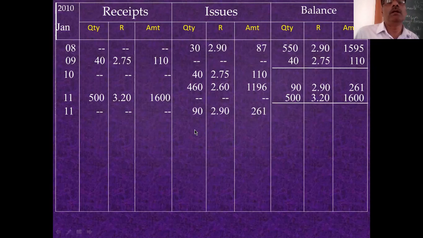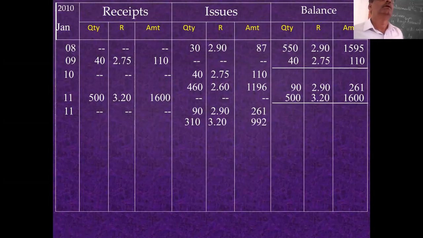What is the remaining quantity? 310 required. 310 at the rate of 3.20, amount is 992. Clear?